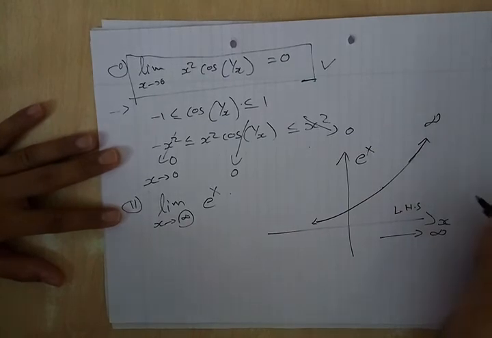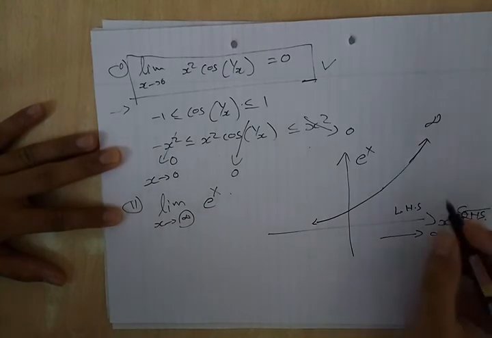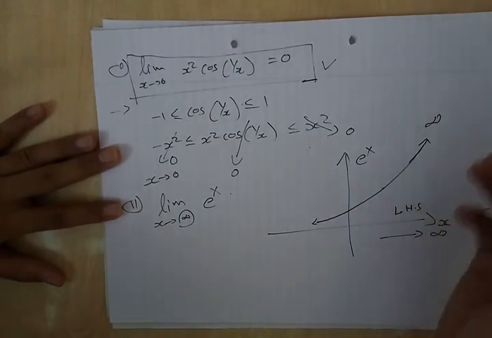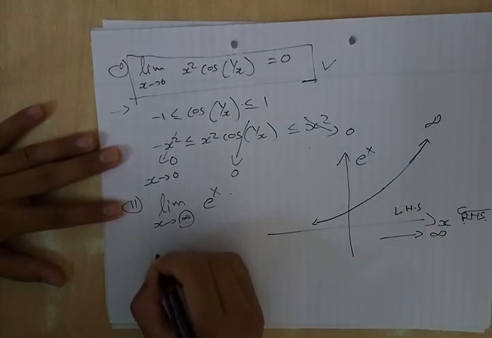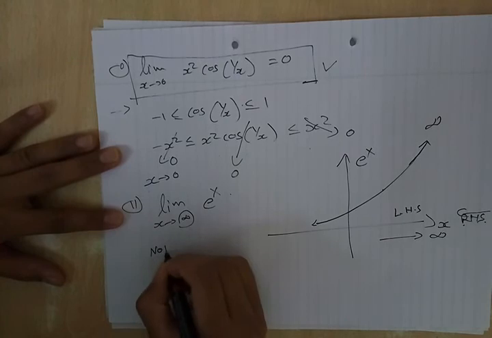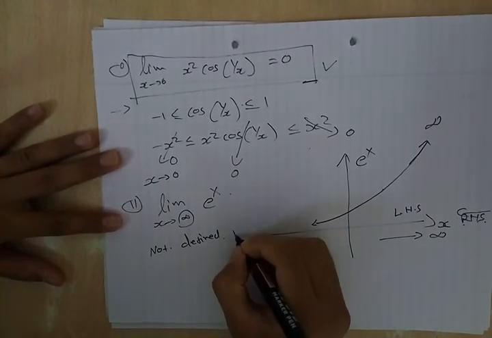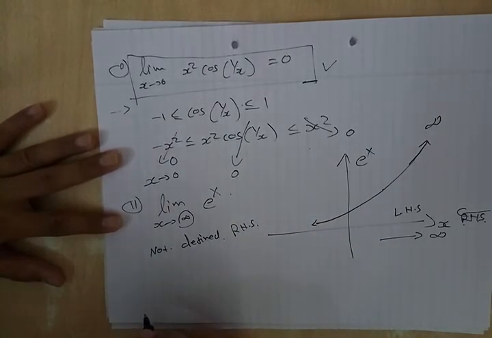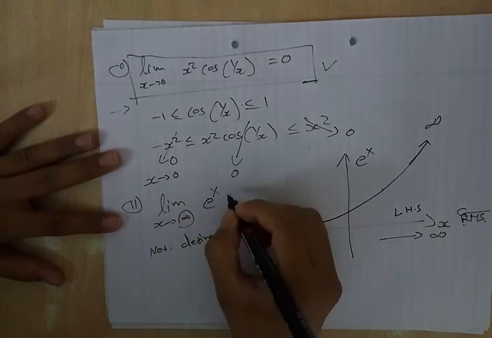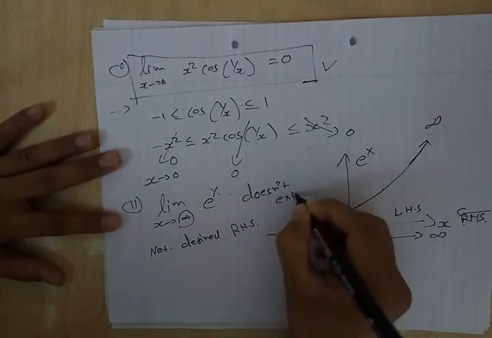But if you approach this function from the right hand side, you won't find any limit, because on the right hand side we don't have any function defined. So this function has no defined right hand side limit, and hence limit x tends to infinity e raised to x doesn't exist.